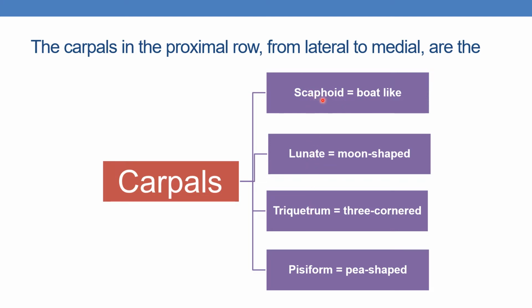The shape of scaphoid is boat-like, whereas lunate, as the name indicates, is moon-shaped. Triquetrum is 3-cornered, hence the name tri. And pisiform is pea-shaped. So the 4 carpals in the proximal row from lateral to medial are scaphoid, lunate, triquetrum, pisiform.